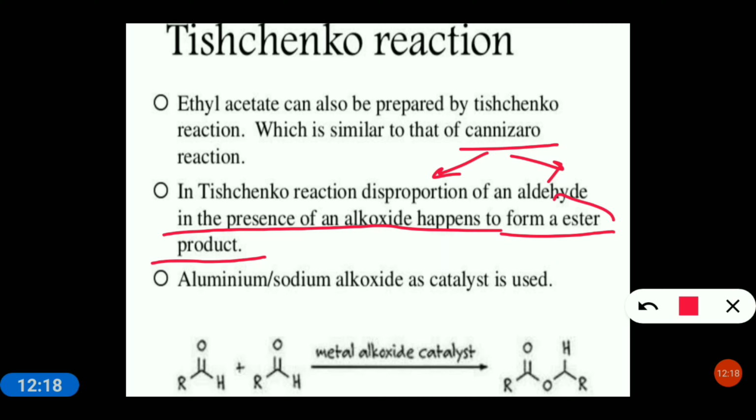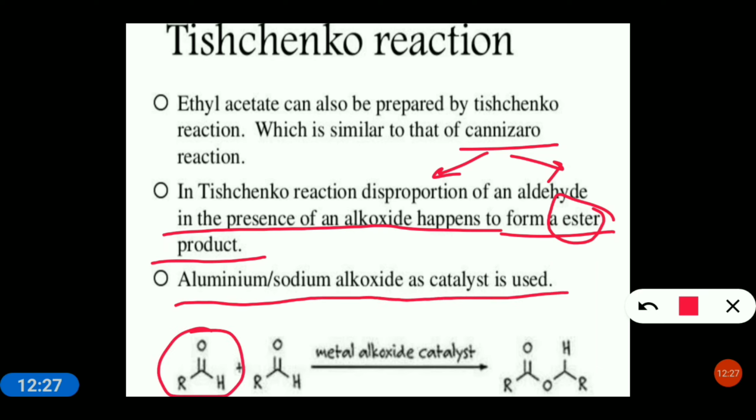Here you will see the formation of an ester. Aluminium or sodium alkoxide is used as the catalyst. In the reaction you can see two carbonyl groups are there. So what will happen? They get bonded, this bond will break, and the ester is formed.